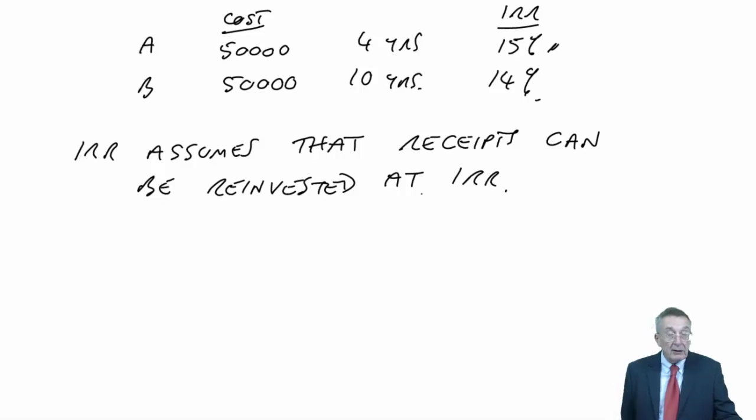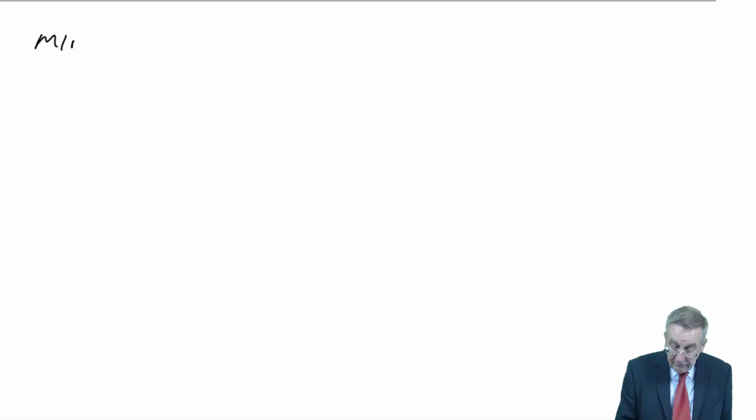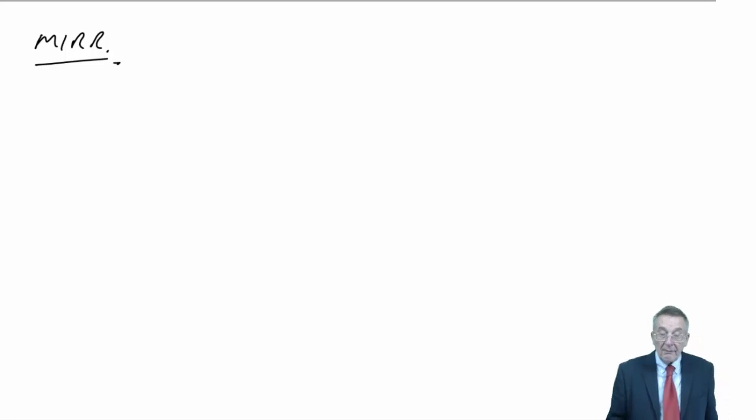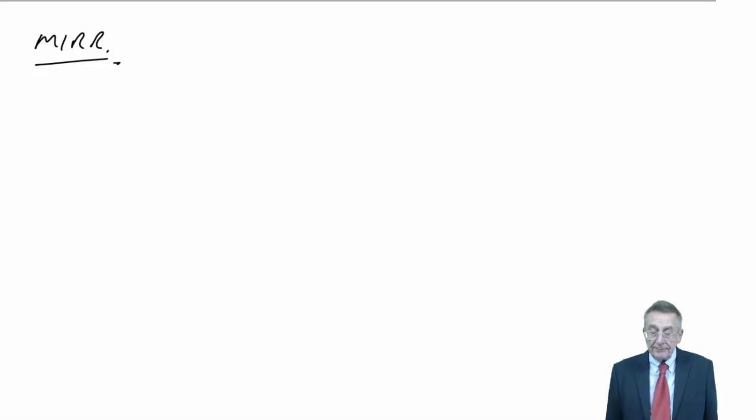It's in paragraph 4, section 4 of the notes, called the modified internal rate of return, or the MIRR. Which, as you'll see, is actually perhaps slightly easier to calculate.